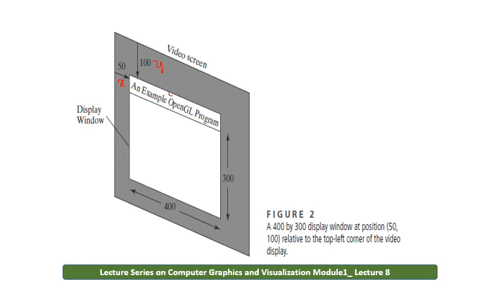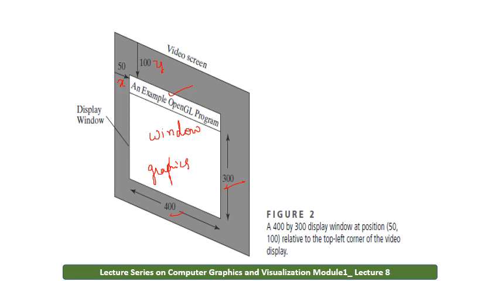The example OpenGL program has a size of 400 pixels width and 300 pixels height. This is the output window where you want to display the graphics output.